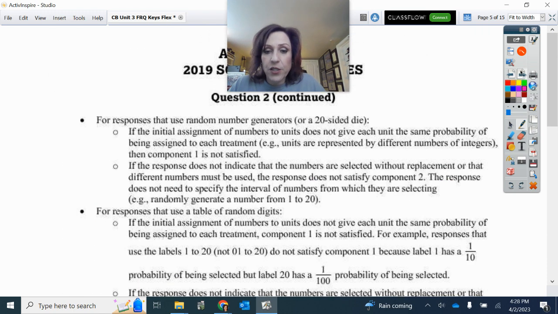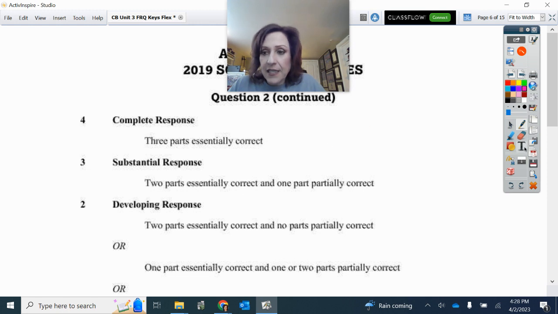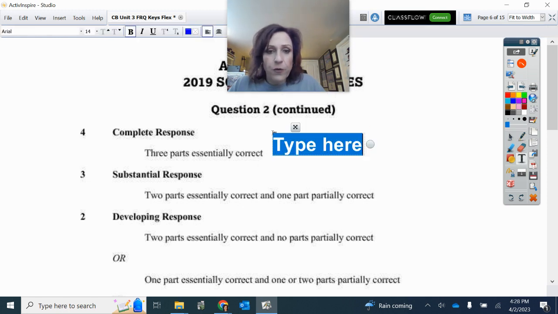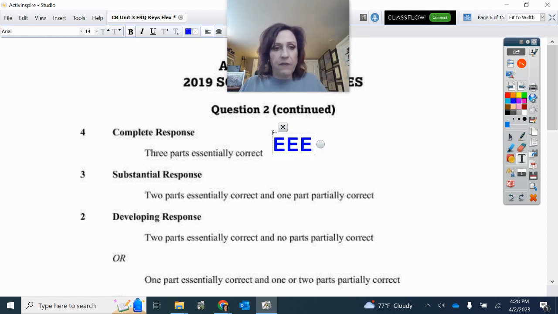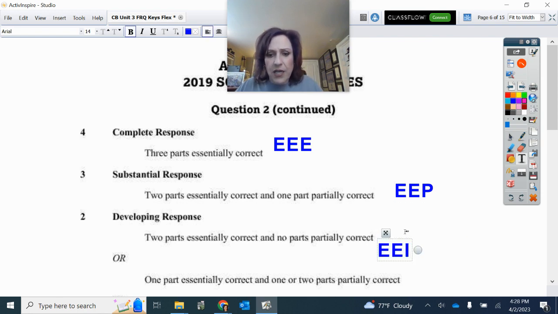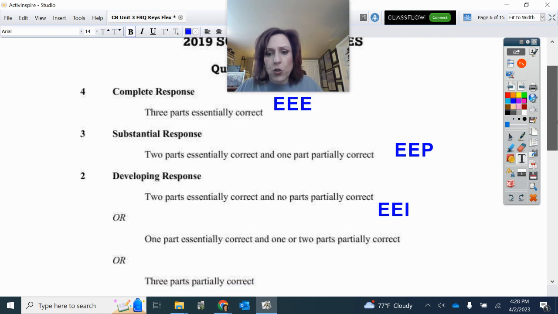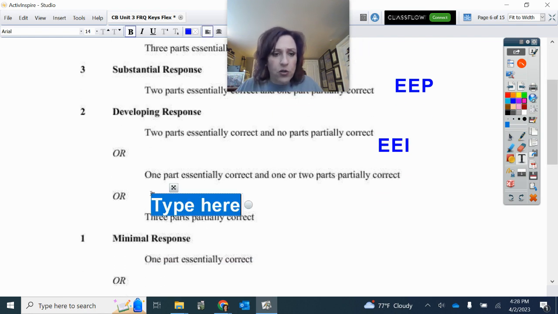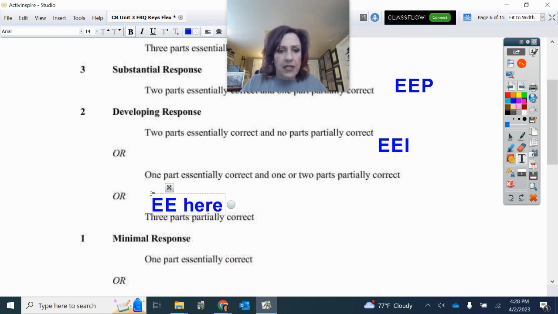And then, of course, the regular thing about the EEE. If we were doing that, we had the EEE for that part, and then for this one EEP, and then here, two parts are essentially EEI, and then you can have one or two parts that are partial. So that's your EEP or EPP or EPI.